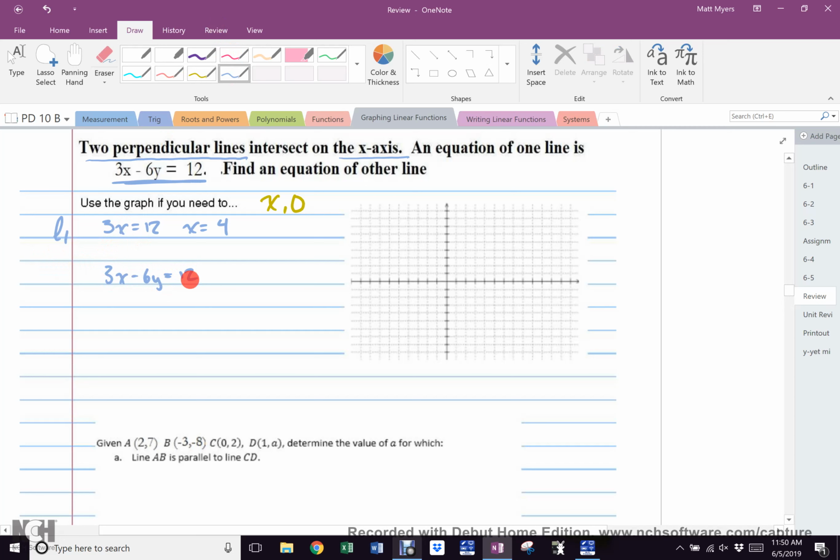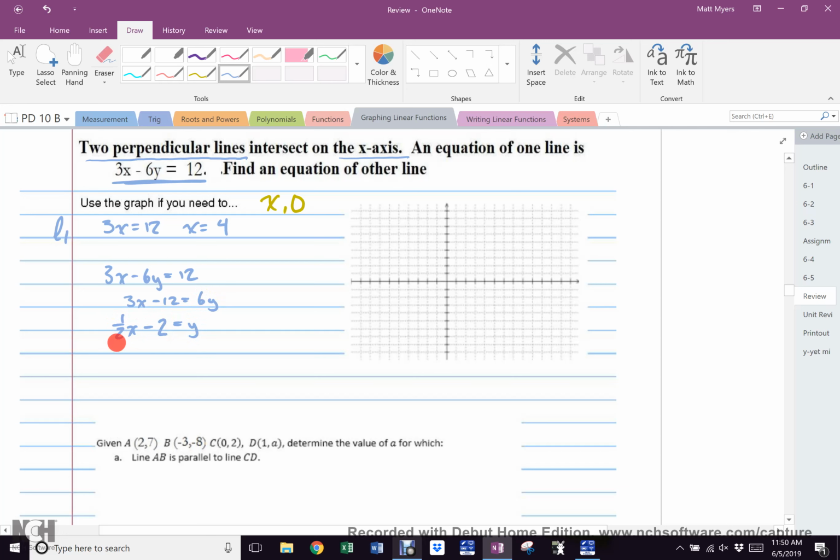Pardon me? 1 over 2, because you, of course, isolate y, yes? So, 3x minus 12 equals 6y. Y equals 1/2 x minus 2.